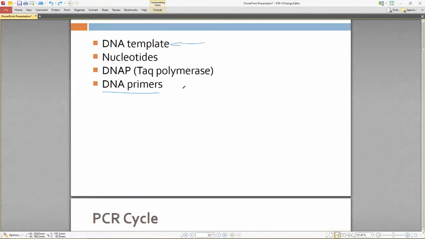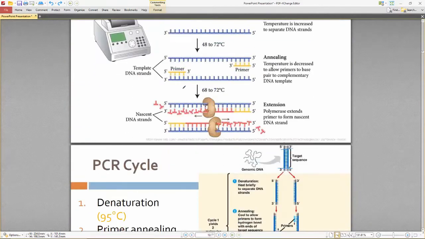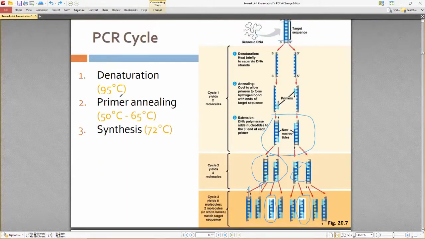So let's go back to step 2 of PCR, primer annealing. In step 2, we allow temperature to dictate when our primer is attached to DNA. Because when we first denature DNA, we heat the solution to 95 degrees Celsius.